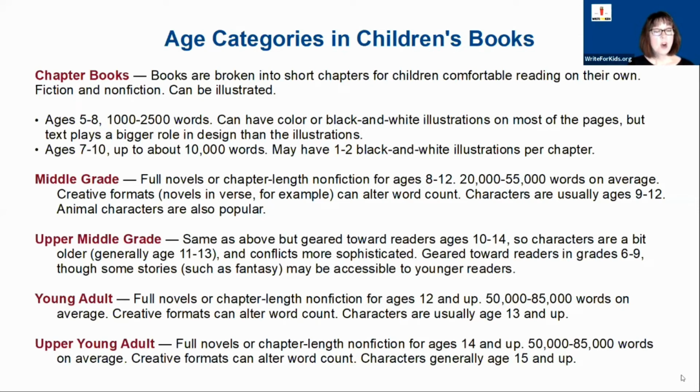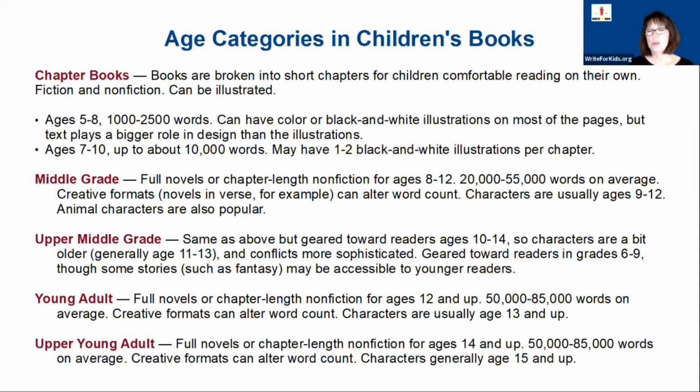And then we have upper young adult. Now, these are young adult novels and nonfiction, but it's really for readers who are a little bit older, and in fiction, your characters are going to be 15 and over, but most likely junior or senior in high school. Again, the situations that they are dealing with in their story really determine whether it's a young adult or an upper young adult.